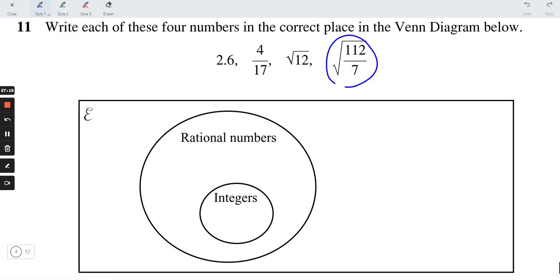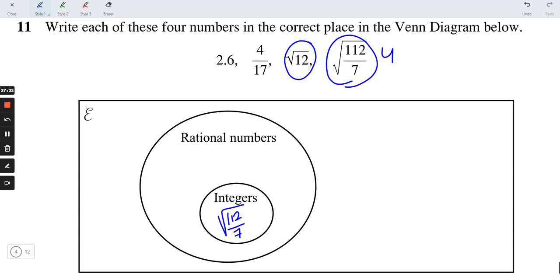So this is integer 4, so we'll write it here. Under the square root of 112 over 7, for sure this is a root, and I do not have a number that if I multiply by itself twice, I will get a 12.